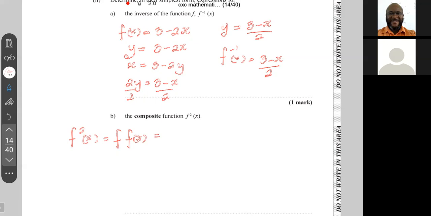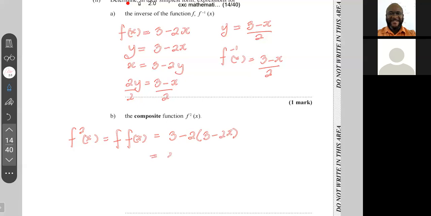You're going to write the function f, which is 3 minus 2, but wherever you see x in f, you're going to put f. So literally, we're putting the function f in the function f. So inside of f, I'm going to put in 3 minus 2x, which is f.